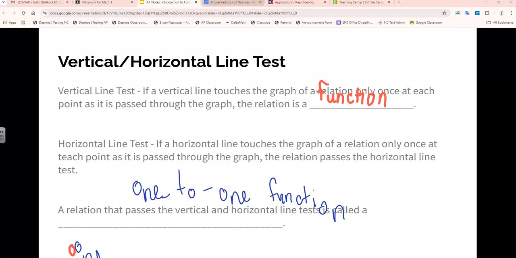That says 1-to-1 function. There. I wonder if this thing needs a new battery. Alright.